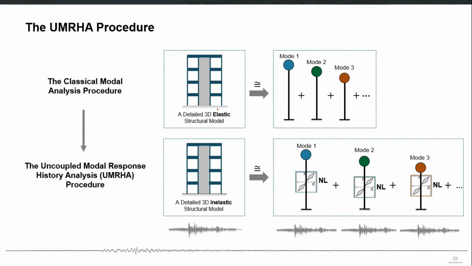So in the classical modal analysis procedure, we start with this governing equation of motion of the multiple degree of freedom system: mass matrix m times u double dot vector, function of time, plus the C matrix times u dot vector, function of time, plus K matrix times u of t vector, function of time, equal to minus m times I times ug double dot.